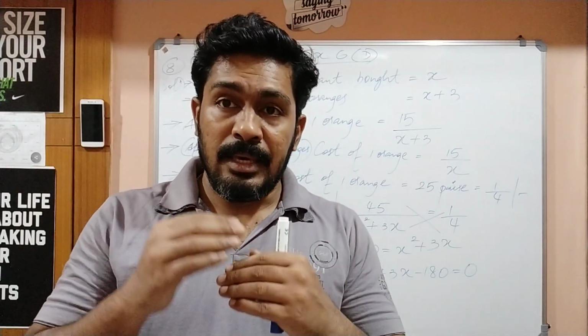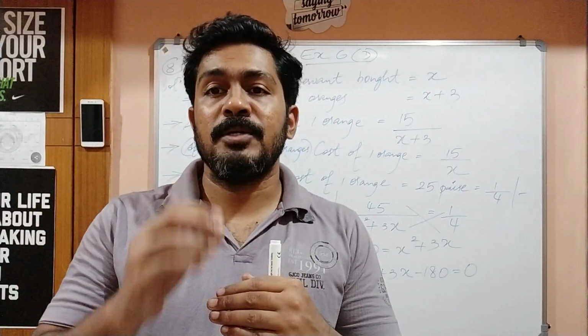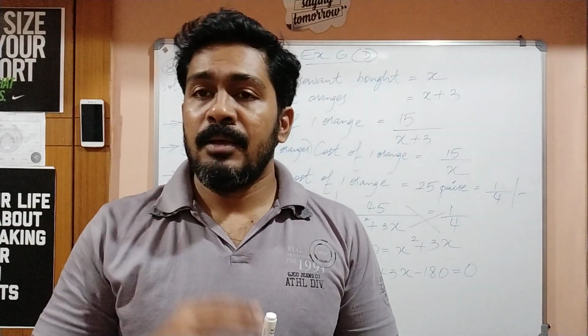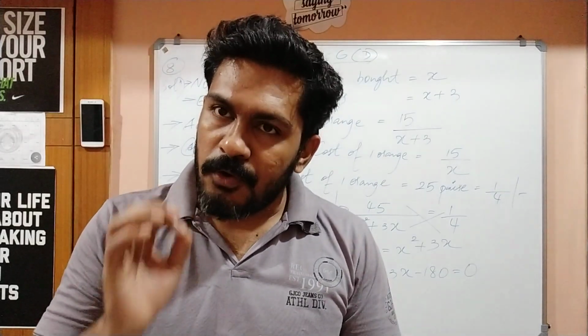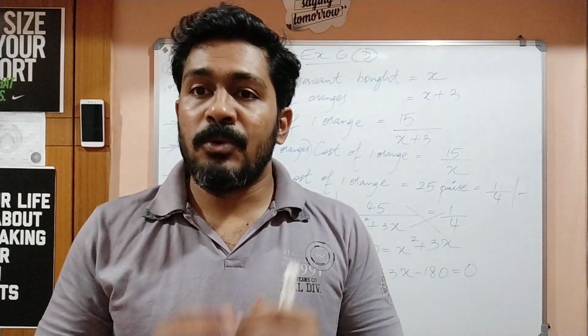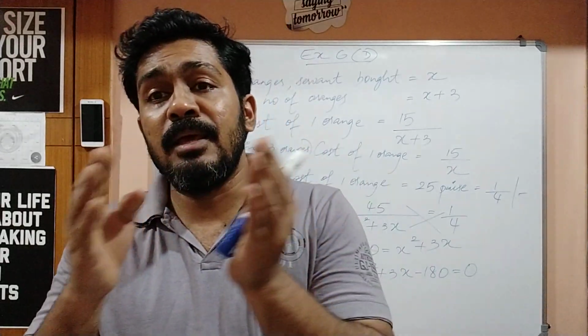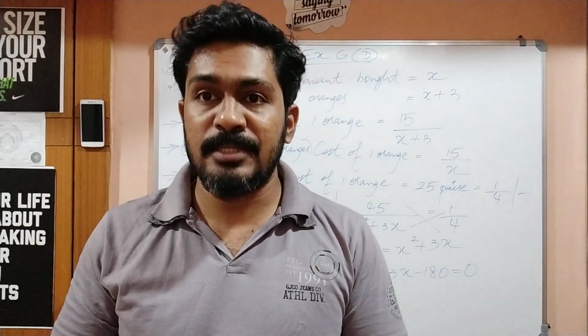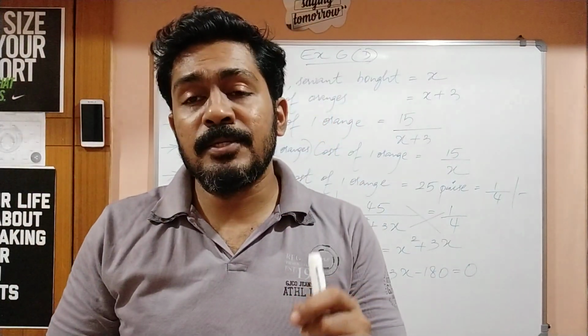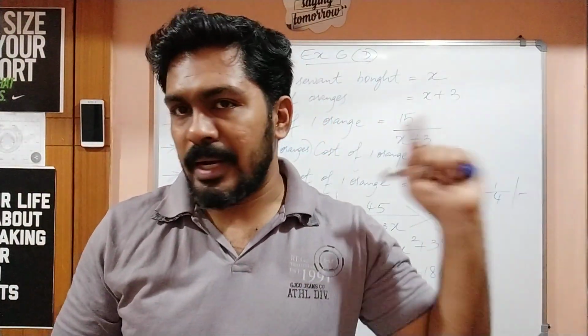Children, the servant is purchasing only X oranges, whereas the actual number of oranges should have been X plus 3. Okay? So when the owner is not getting the actual number of oranges which he deserves, it indirectly means that the owner is paying some extra money.